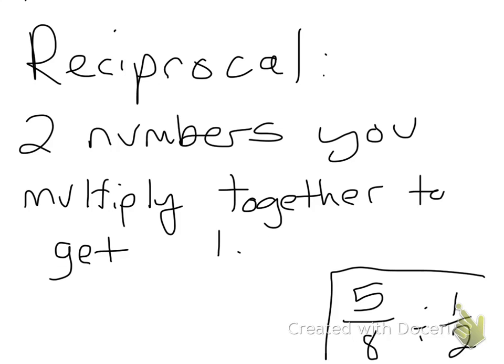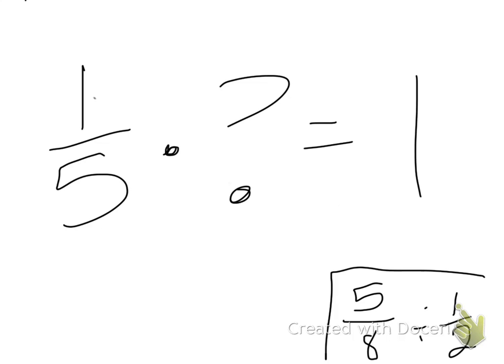So, think about it like this. If we have the number 1/5, what do we multiply 1/5 by to get 1? Well, think about fractions. They're split into 5 pieces, right? And you only have one of them. Well, you need 5 of those in order to get 1.